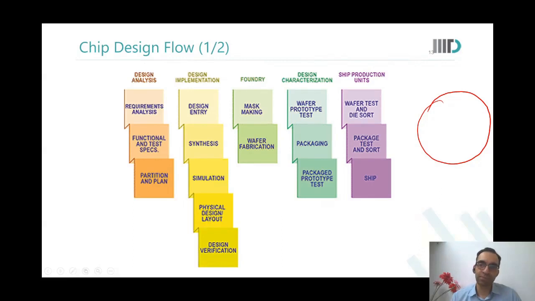Sir, but why will something like that happen? Are we using different tests at both levels, the wafer prototype test and the package prototype test? Let us put it like this. Have you done some painting at any point in your life? The first step you do is sketch it with a pencil.